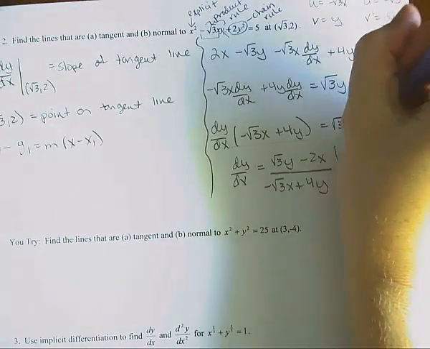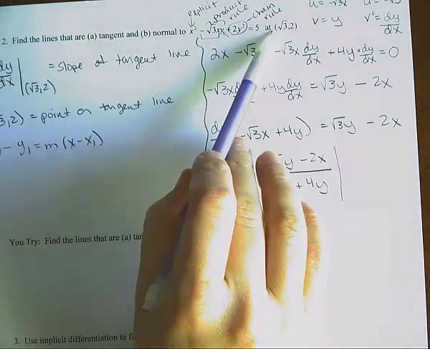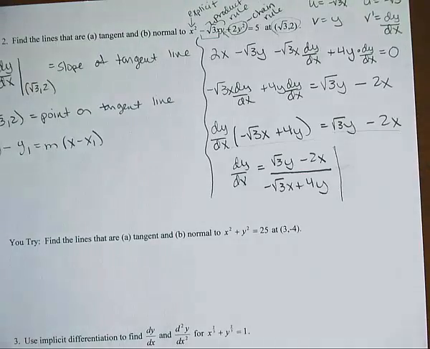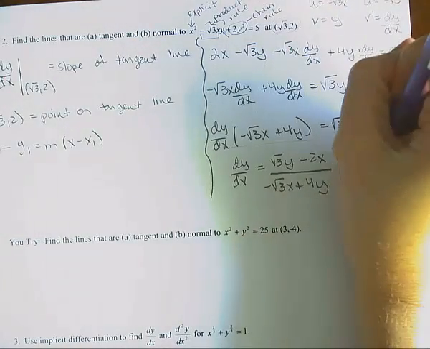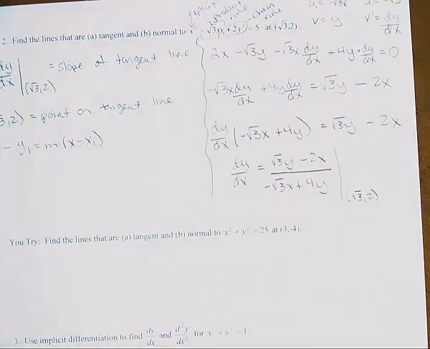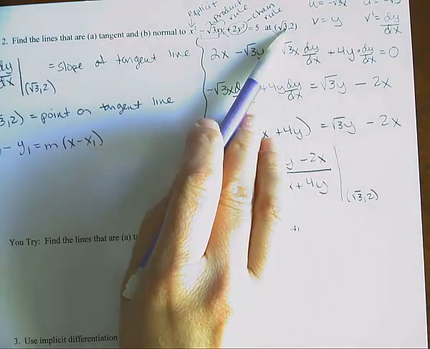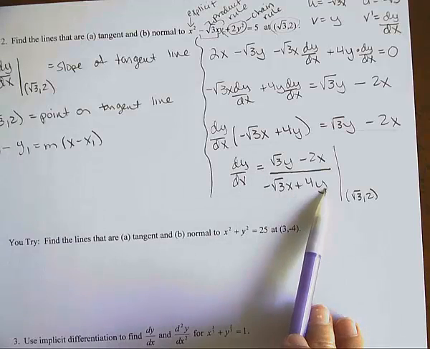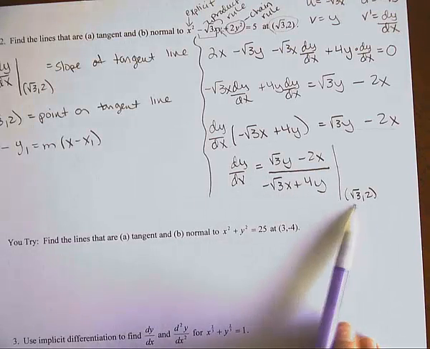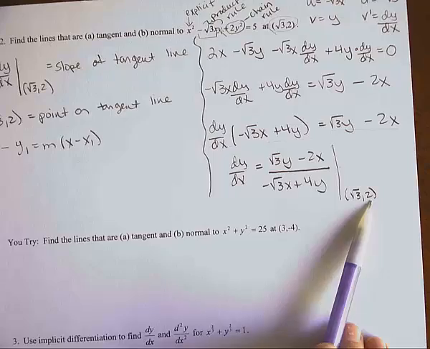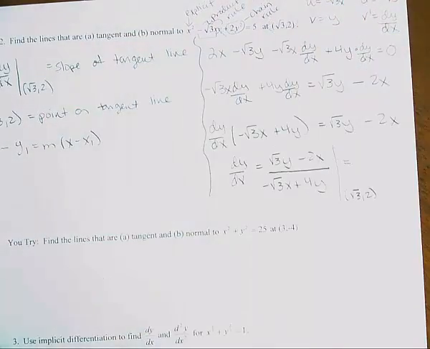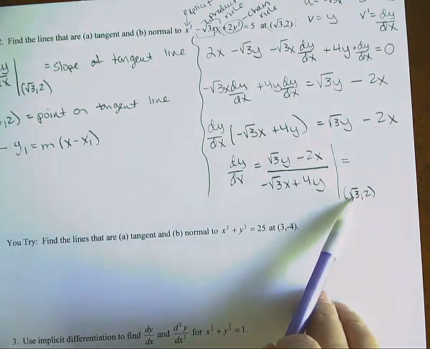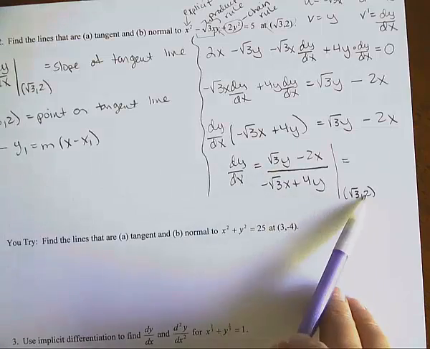And I'm going to evaluate that at this point, (√3, 2), because I need to know what the slope of the tangent line is at that point. This is telling me what the slope of the tangent line would be at any point x, y, but I need to know specifically what it would be when x is √3 and y is 2. So wherever there's an x, I'm going to plug in the √3, and wherever there's a y, I'm going to plug in the 2.